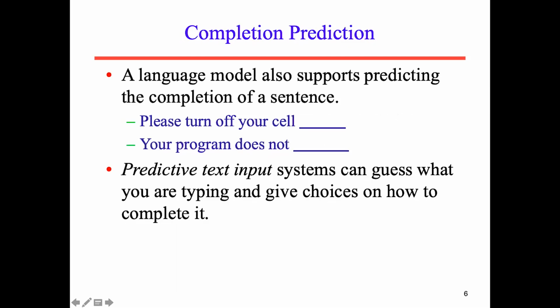So before I delve into part of speech tagging, I see there's a question on the chat. Can you give more examples of natural language generation and how it's different from machine learning? Ideally, the way I want you to see machine learning and deep learning is as tools of performing certain tasks.